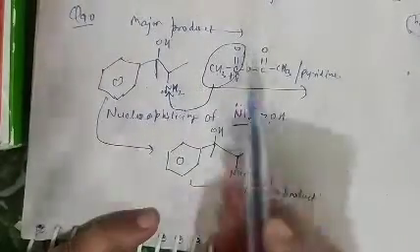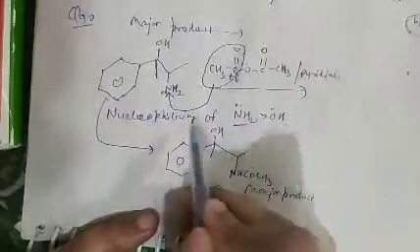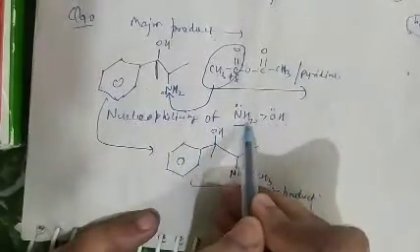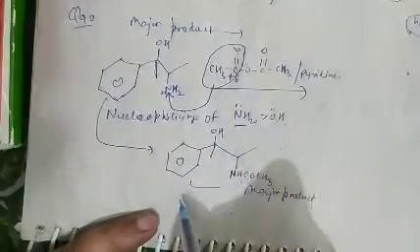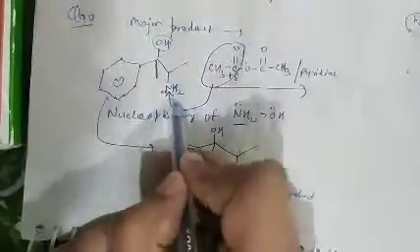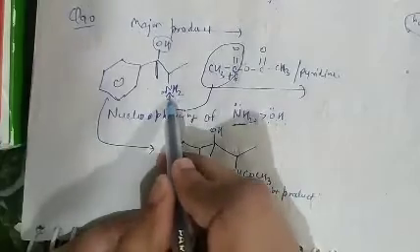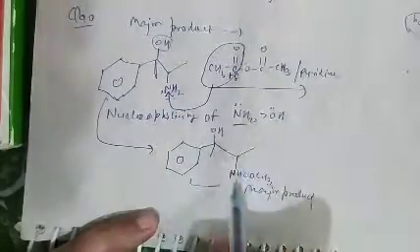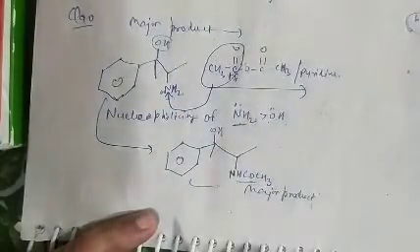So you may be clear that as the nucleophilicity of NH2 is more than OH, the attack does not take place through OH, the attack will take place through the NH2 group. So the nitrogen atom lone pair attacks this carbon atom, so the product formed is this one. So question number 90, option D is correct.